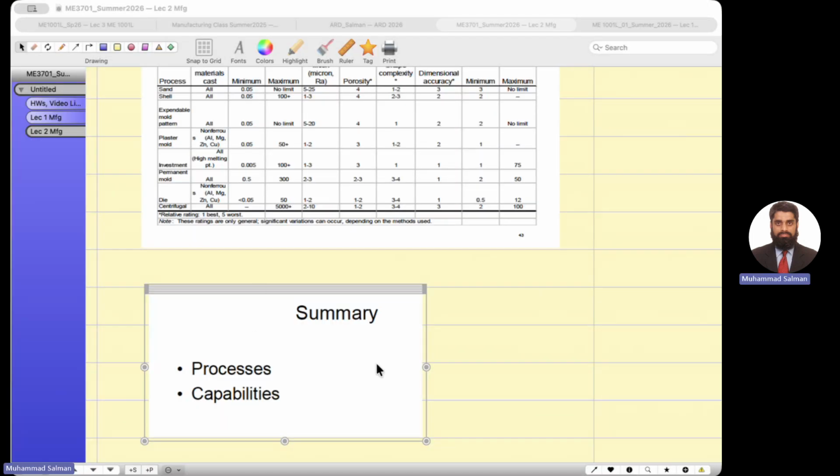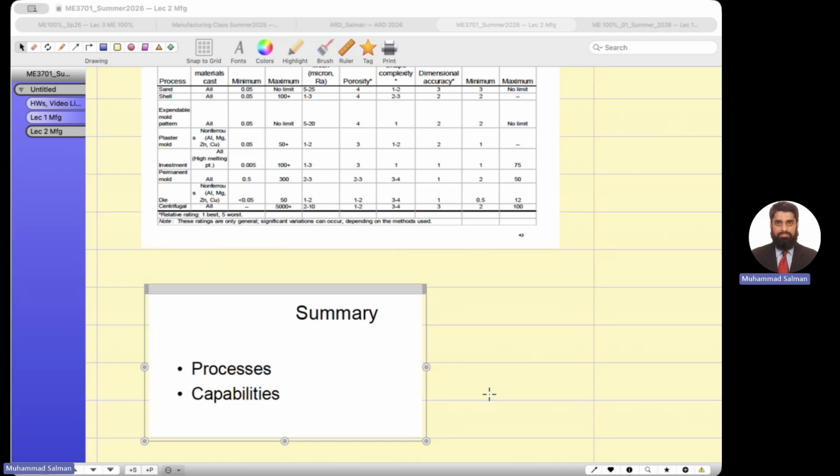Do you understand the types of casting process? Yes. Okay. Let's do the next topic.